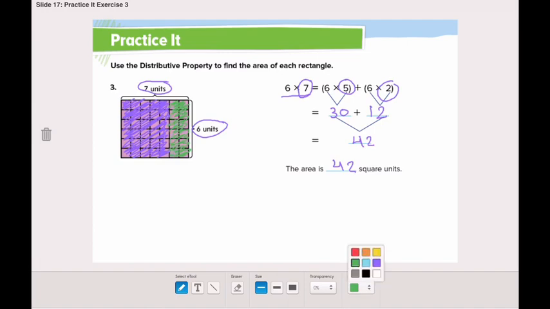Okay, this part is 6 multiplied by 5, and this part is 6 multiplied by 2. This is how we decompose our rectangle to make it easier for us to calculate.